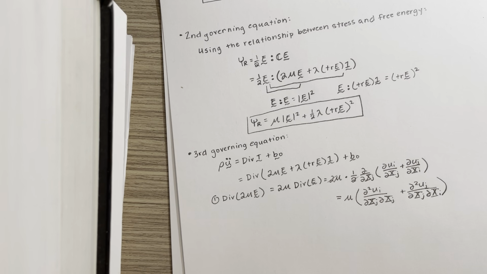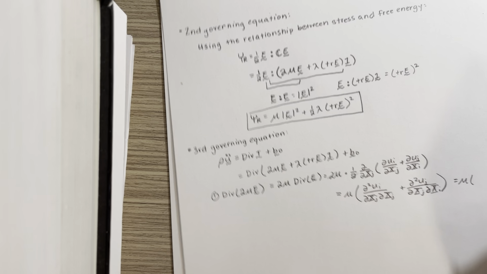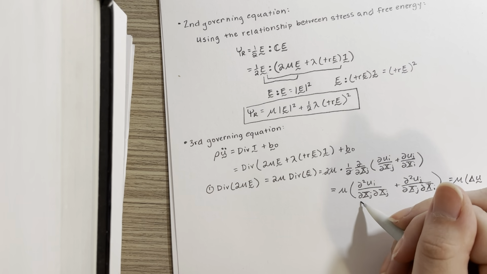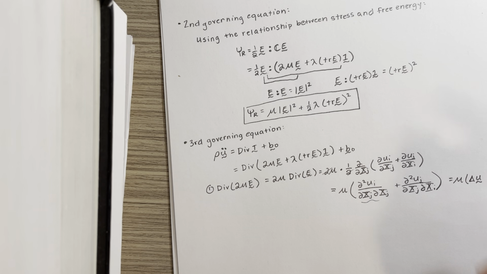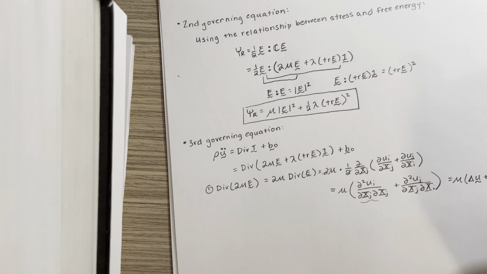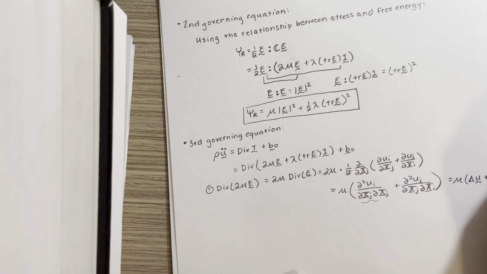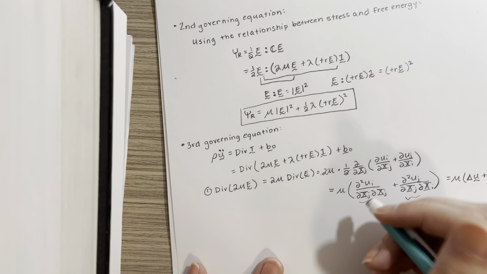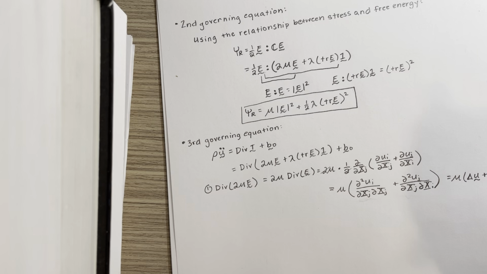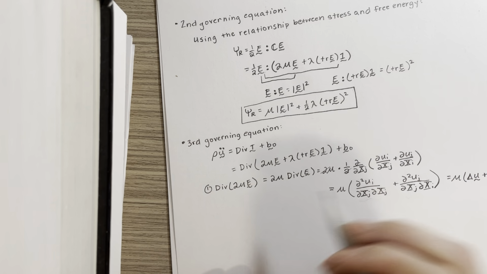And so now symbolically this is equal to mu times del squared u. So that's what this part is. And then we also have the gradient times the divergence of u, which is what this part is. So that's just the first part.